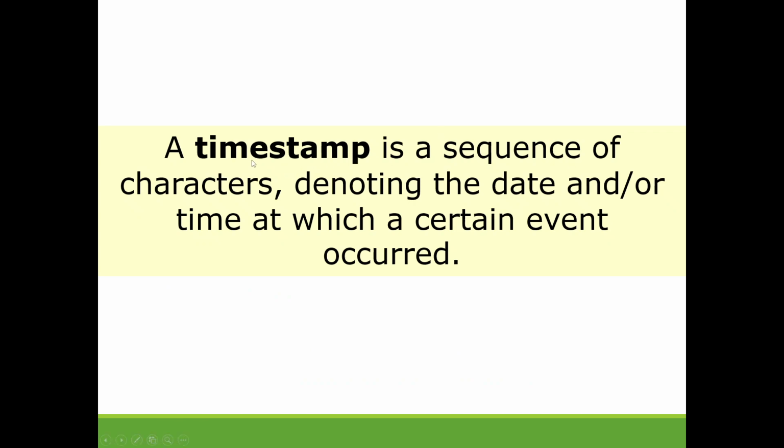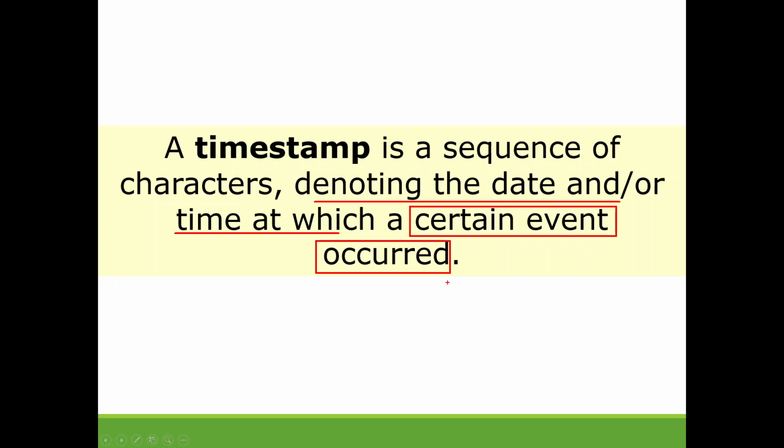Okay, so here again, a timestamp, a sequence of characters denoting the date and or the time at which a certain event has occurred. So actually, this is it. In PHP, we want to use the date and time function in order to capture when an event occurred. For example, when a user voted, or when they logged in, or when they logged out.